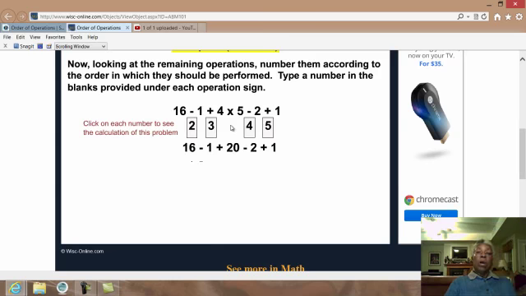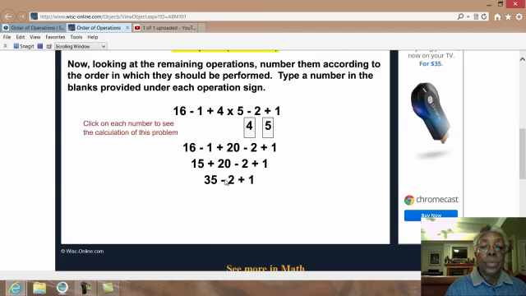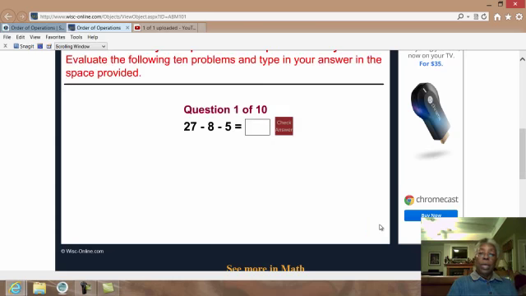Okay, so here we are. 20. 4 times 5 gives us our 20. 15 plus 20 minus 2 plus 1. 35 minus 2 plus 1. 33 plus 1. 34. Okay?